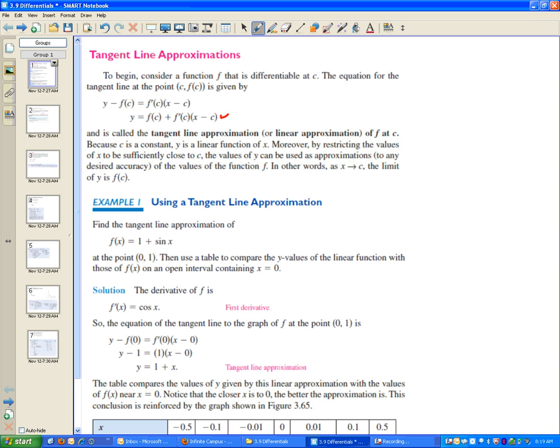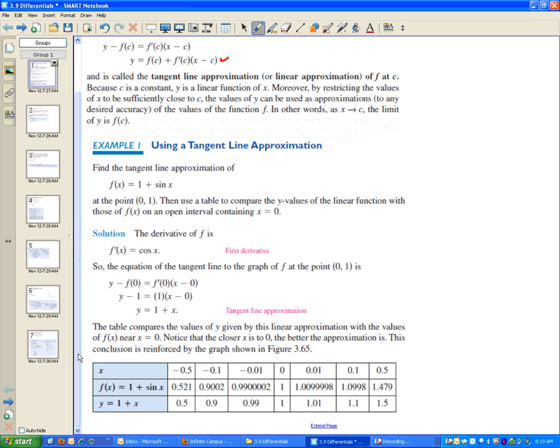Okay? Now, how would we use something like that? Let's think about it. You've got a function. It's got a tangent line. Aren't the values on the line close to the values of the function when you're close to the point of tangency? Now, a lot of ambiguous terms there, right?